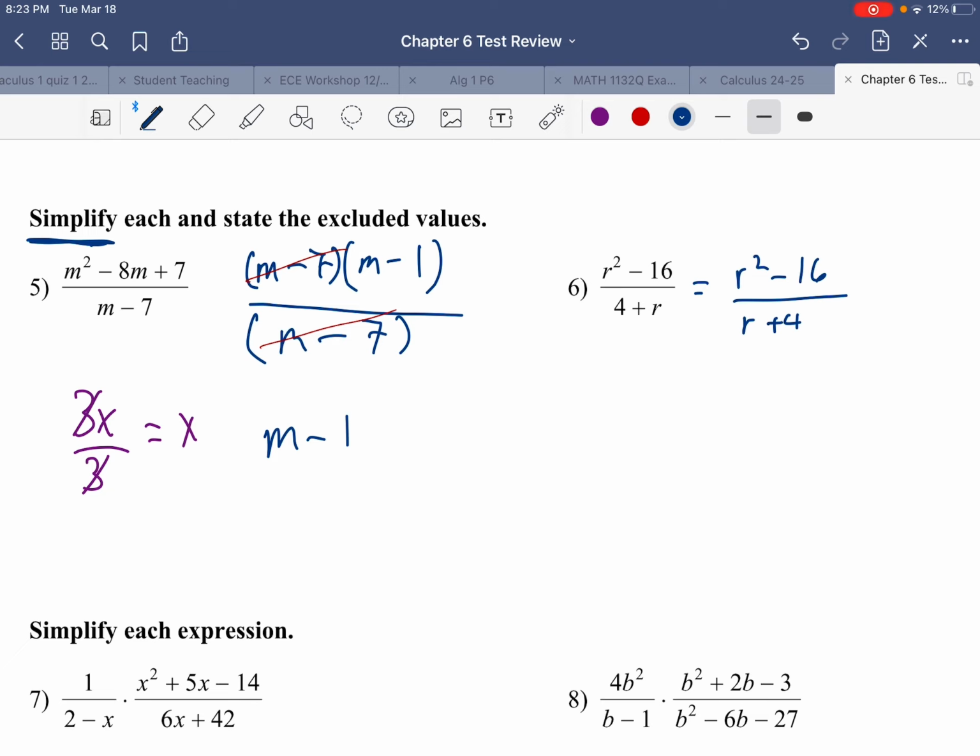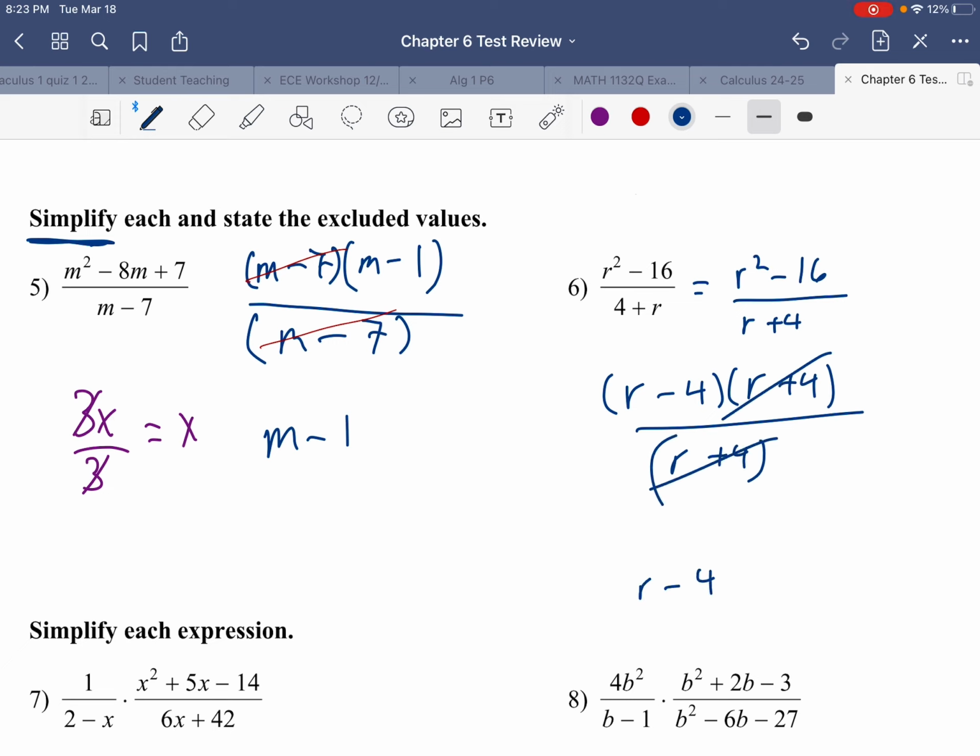If it was 4 minus r, that wouldn't be the same as r minus 4. But because it's addition, this works. So again, I see the difference of perfect squares, r minus 4 times r plus 4 divided by r plus 4. These cancel, I'm left with r minus 4.